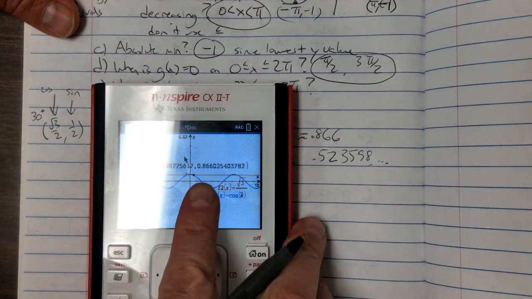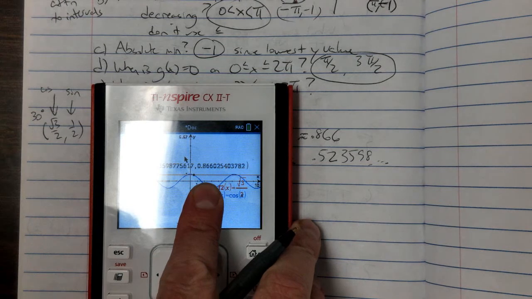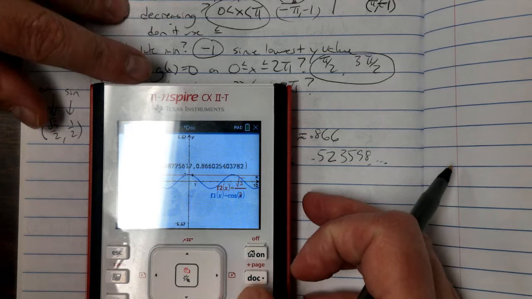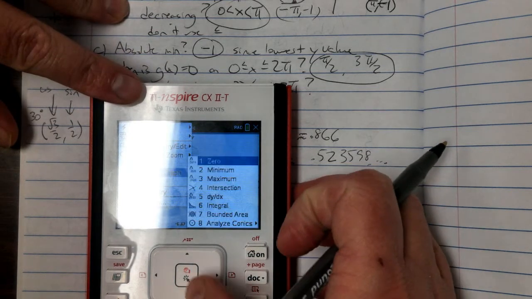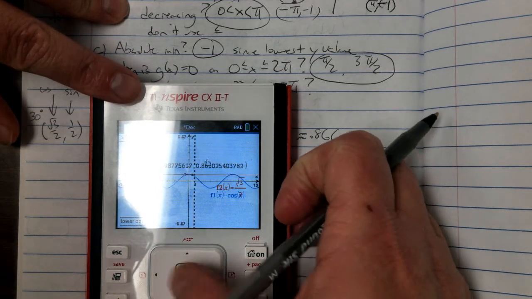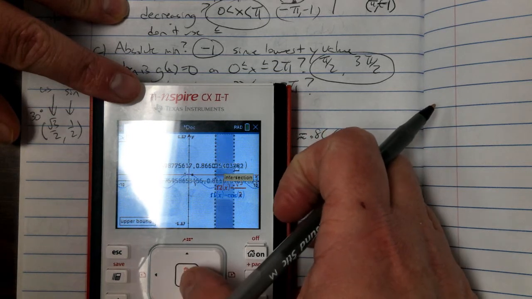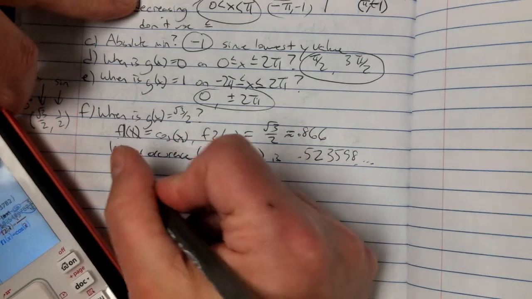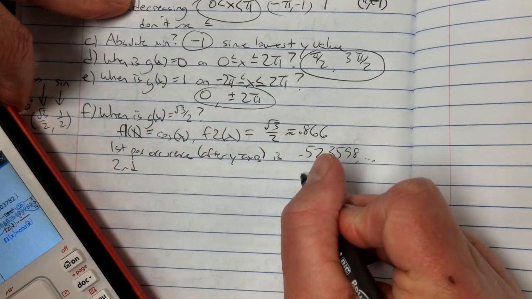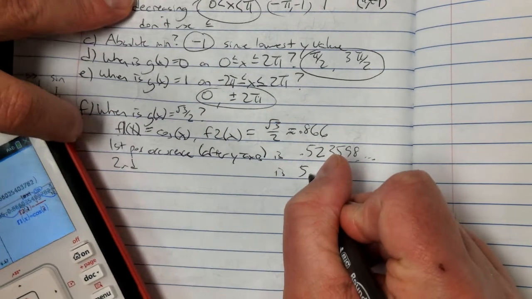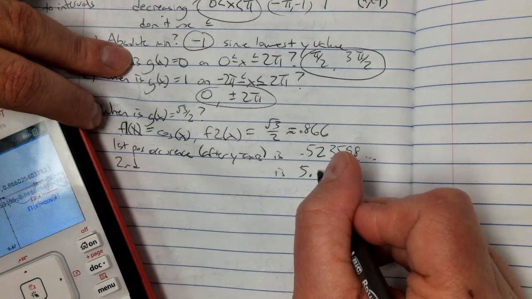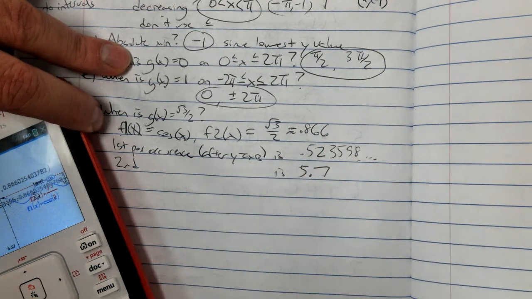So we know that's our first positive occurrence, and now we need our second one. Go to Analyze Graph, intersection between here and here. It's at 5.76. So the second one is approximately 5.76.